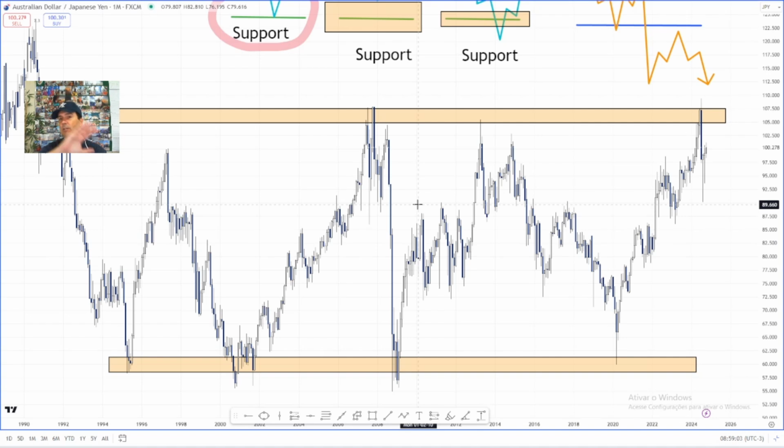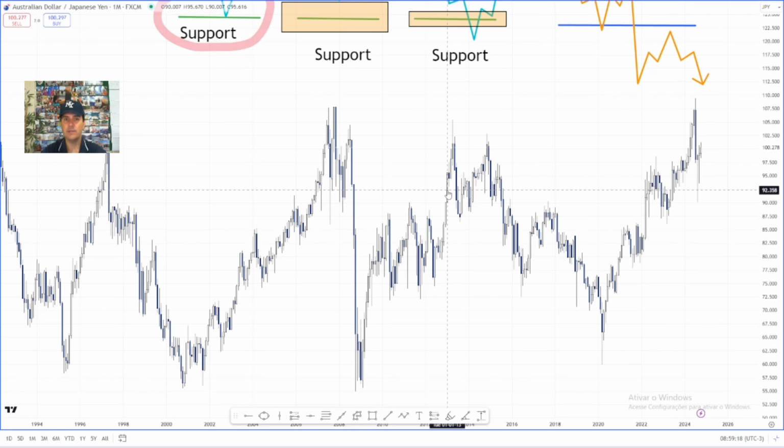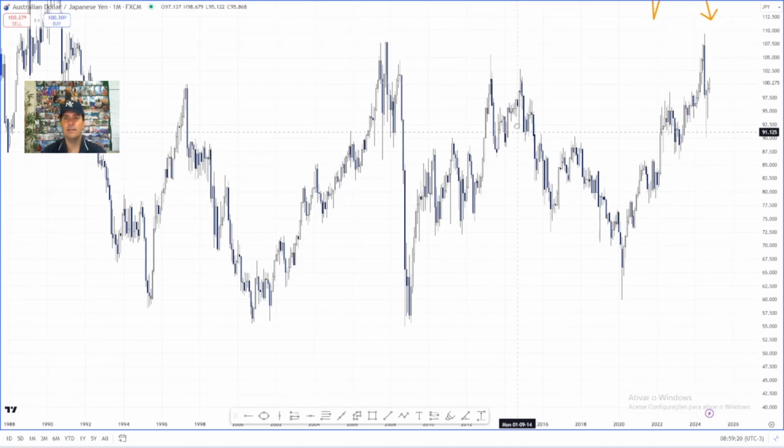Imports, exports, end of the story. This is the simplistic approach. As a technical trader, you don't need to know more than that. If you want to learn more about why and how, you can research other books. So this is the monthly.